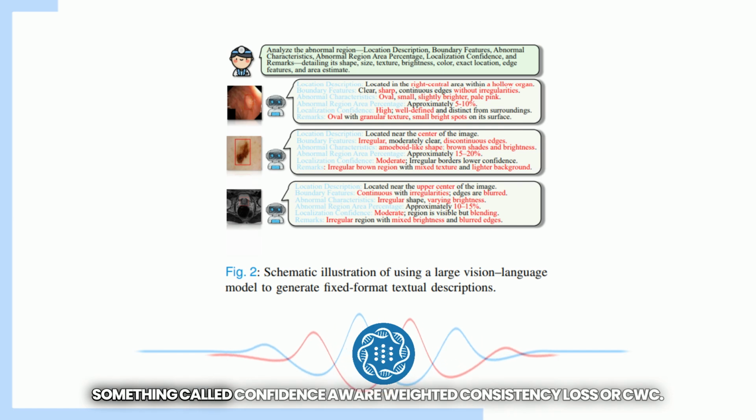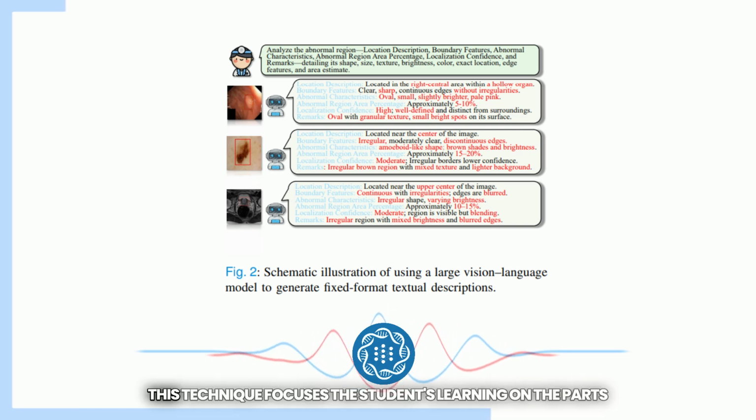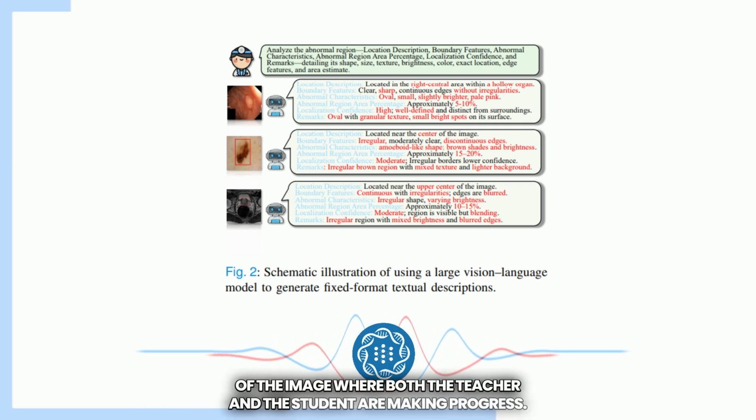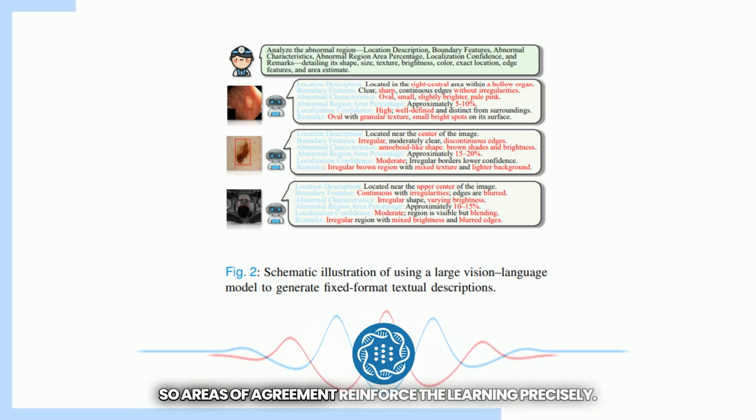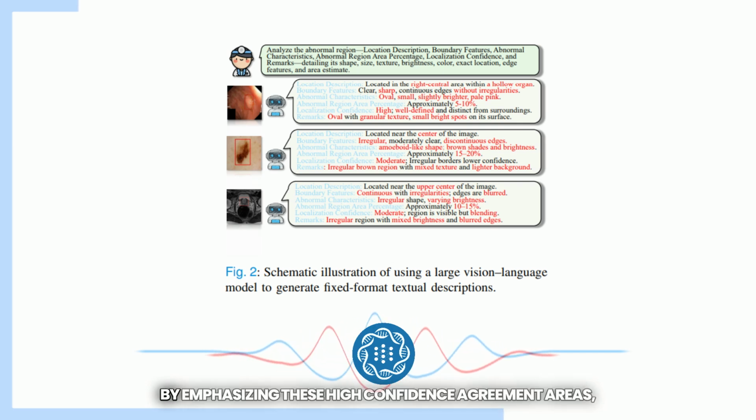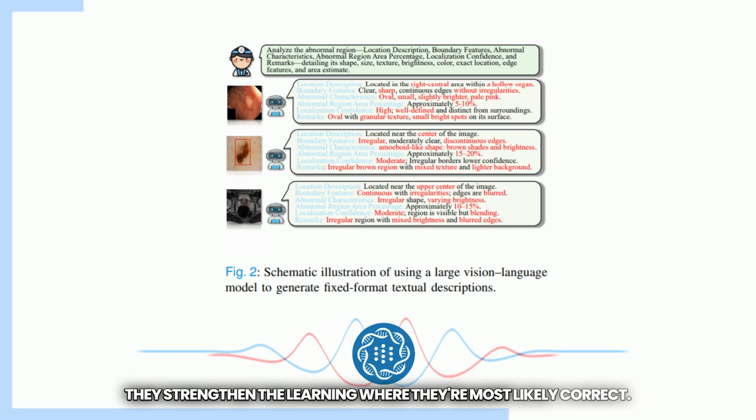Then they use something called confidence-aware weighted consistency loss, or CWC. Confidence aware. Yeah. This technique focuses the student's learning on the parts of the image where both the teacher and the student are making predictions with high confidence. So areas of agreement reinforce the learning. Precisely. By emphasizing these high confidence agreement areas, they strengthen the learning where they're most likely correct.